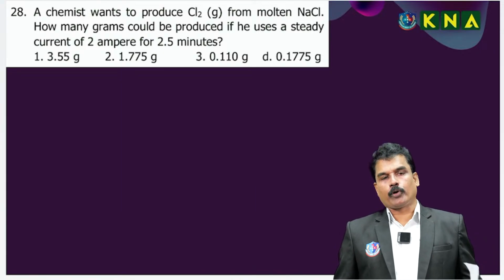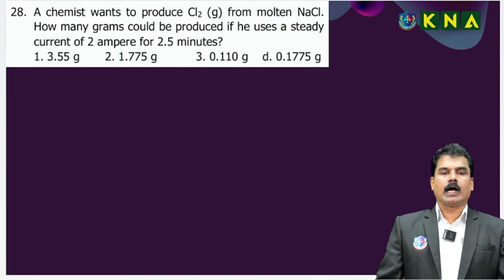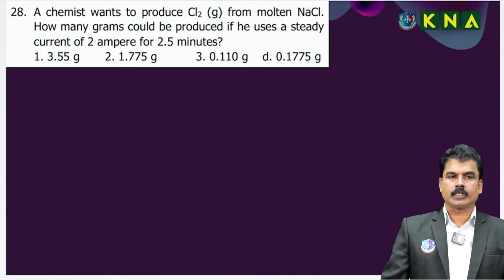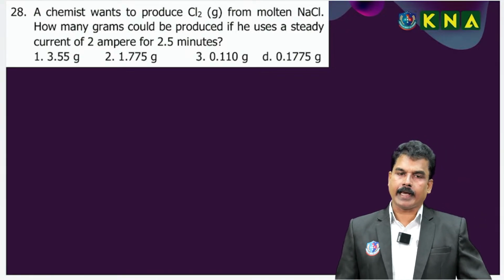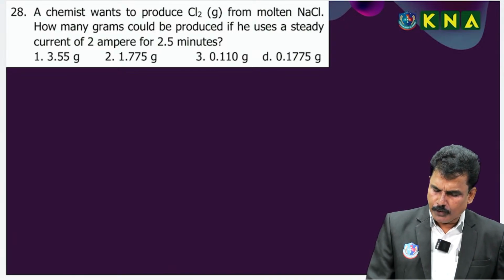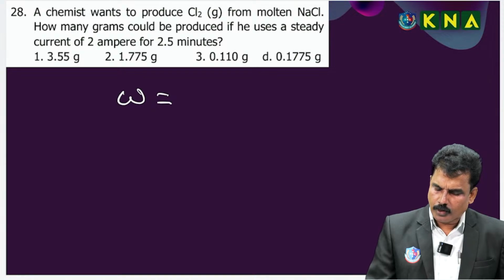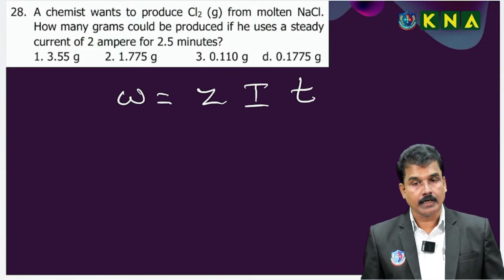A chemist wants to produce chlorine from molten NaCl. How many grams could be produced if we use a steady current of 2 ampere for 2.5 minutes? Again Faraday's first law, amount of substance deposited, W. How to calculate W? W is equal to Z into I T. What is Z?